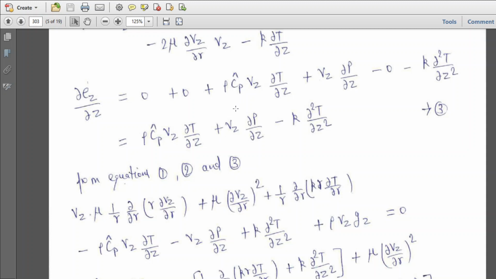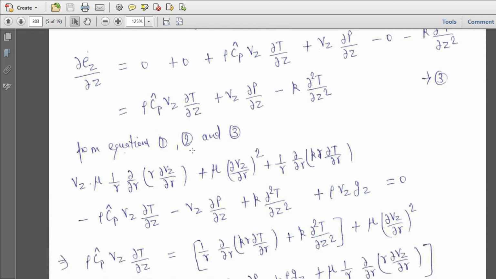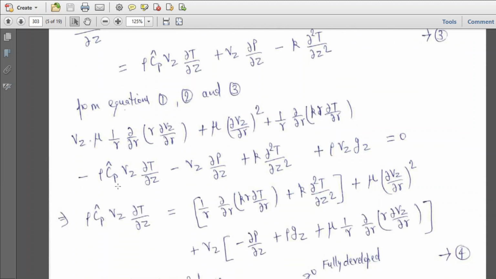Now from equations 1 and 3, you substitute every term here, and by putting it here you are getting these equations.